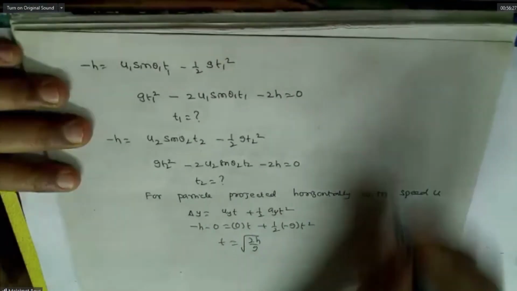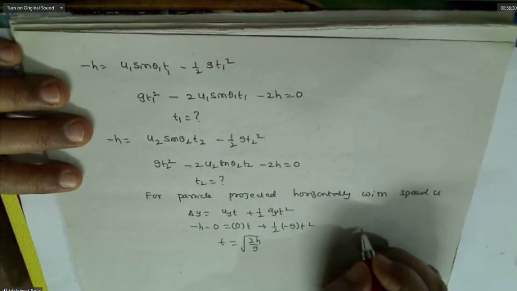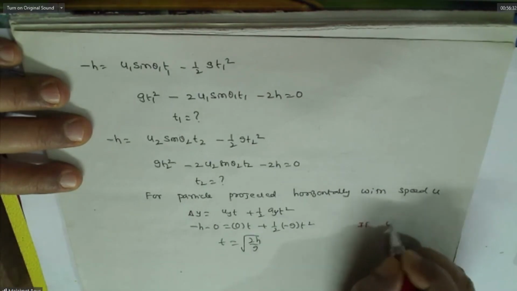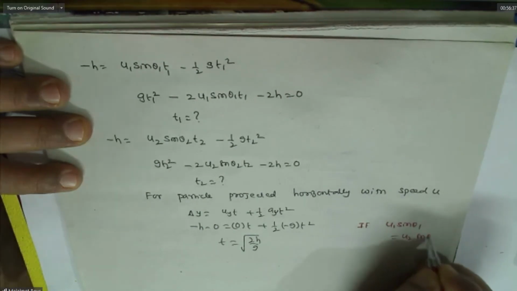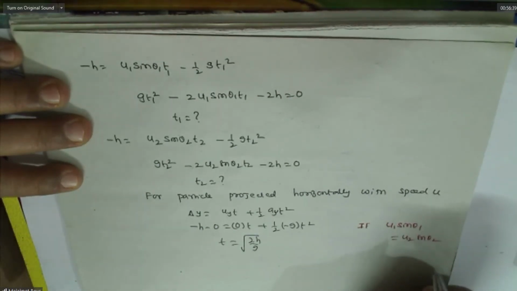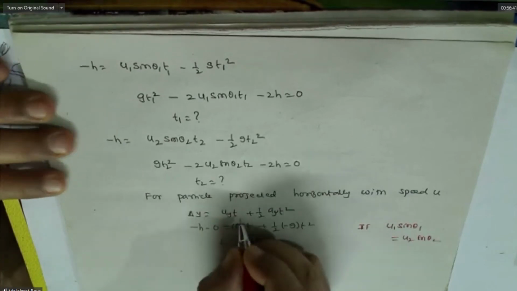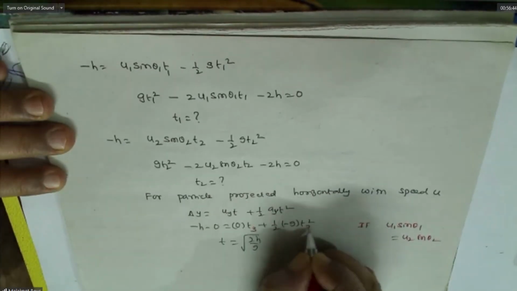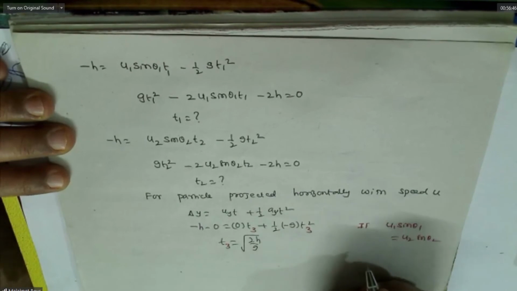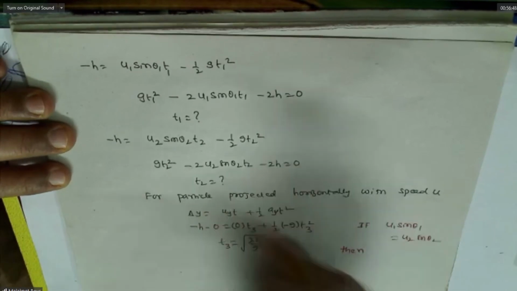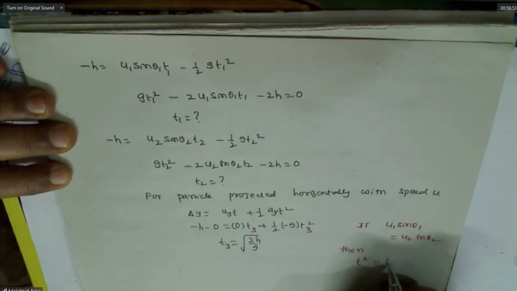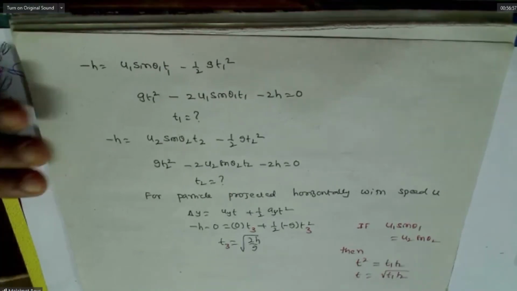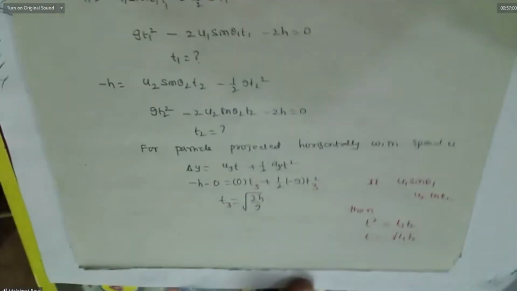Now you can see if you're having u1 sin theta 1 equals u2 sin theta 2, okay, then this is t3. Then if you substitute these values, you will have t square equals t1 t2, or t equals, this already in vertical motion you studied.